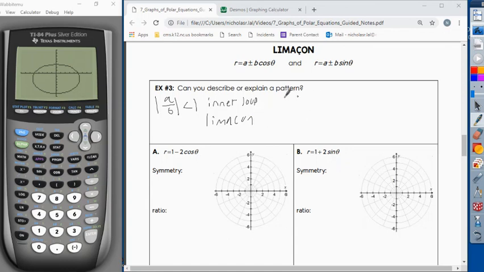If a over b is equal to 1, you will have a cardioid. And if a over b is greater than 1, it's dimpled or convex.